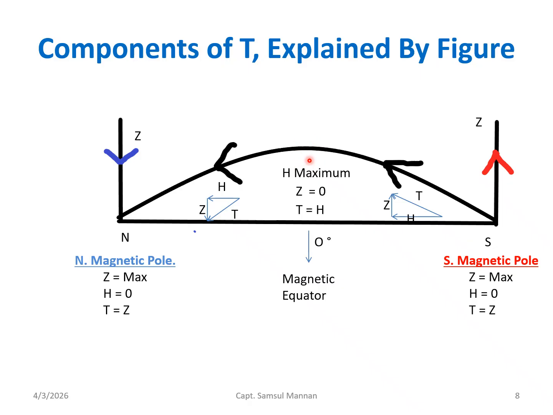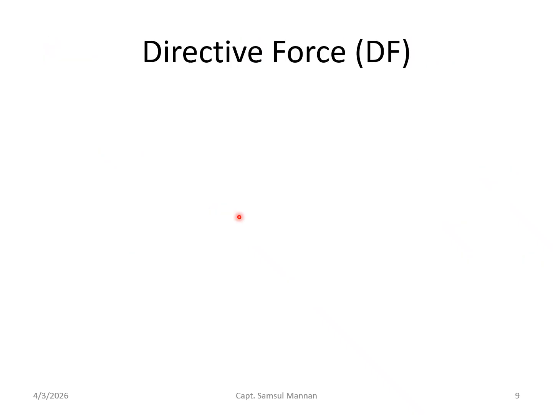And here the magnetic needle will try to align itself horizontally with the Earth's surface, and there will be no angle of dip, right? And again, once it starts from this magnetic equator, it will start bending downwards, and it will create some angle of dip. Hope you understand up to that much, right?